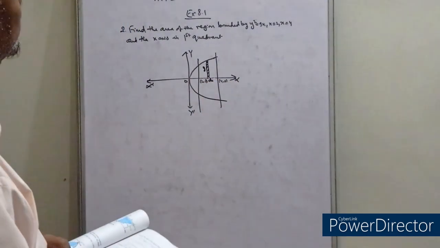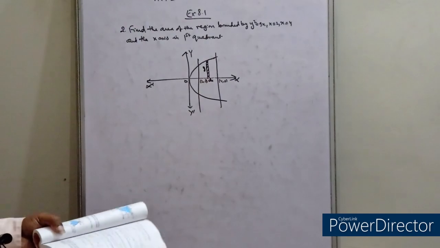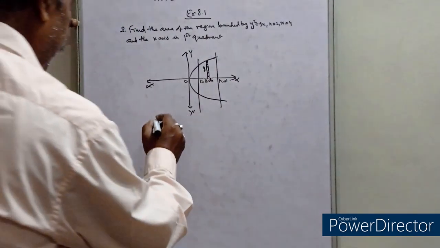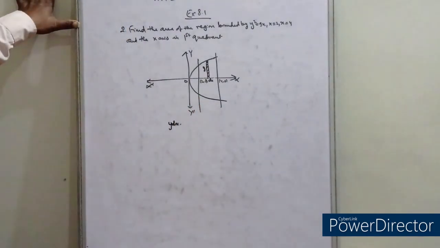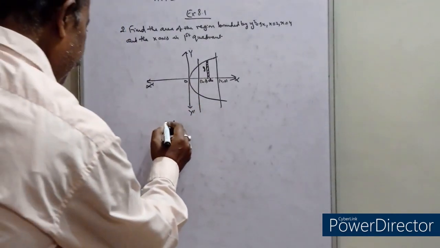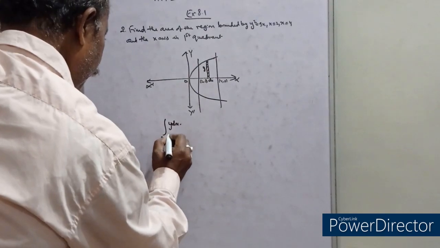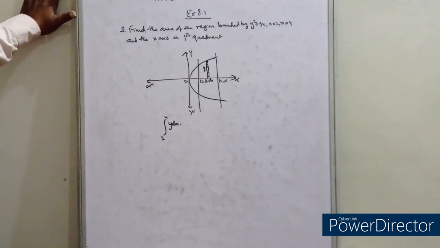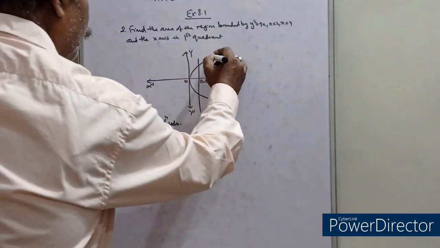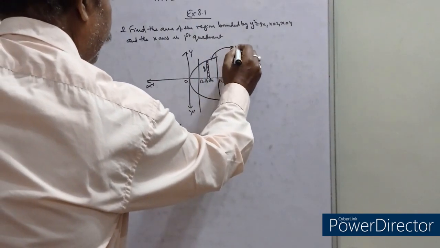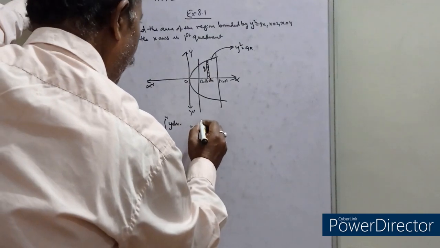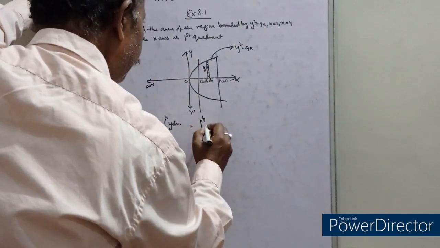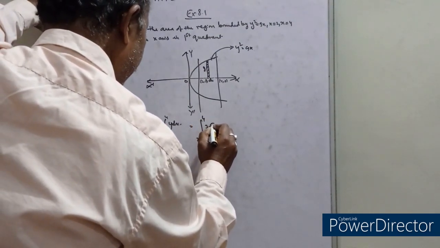Now the area of this rectangle is y dx, and the summation of such areas is integration. Your limit is from 2 to 4, and the height of the rectangle is controlled by the graph y square is equal to 9x. So the value of y will be integral from 2 to 4 of 3 root x dx.